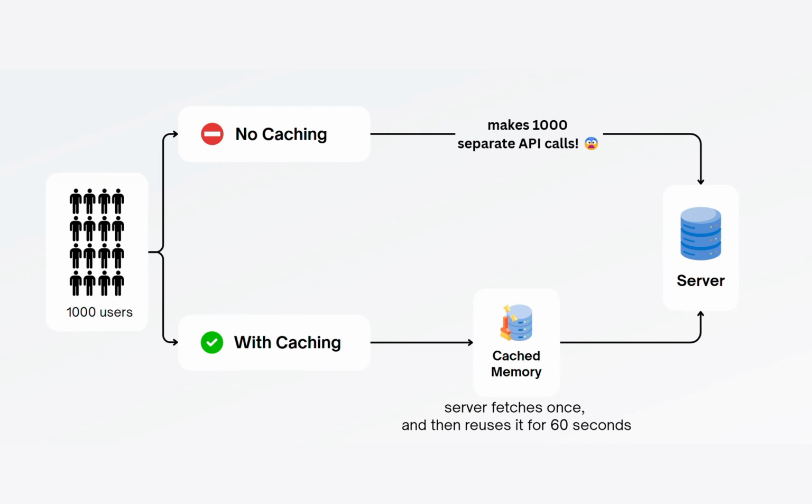Now let's see what happens when 1,000 users visit a website simultaneously and how caching can significantly improve the performance of the website. Without data caching, every user triggers a fresh call to the backend API. So 1,000 visitors generate 1,000 identical API requests.